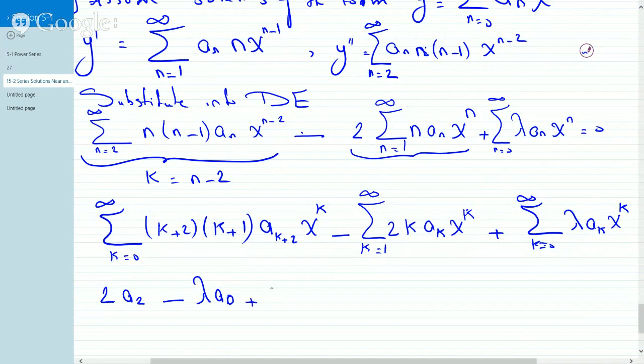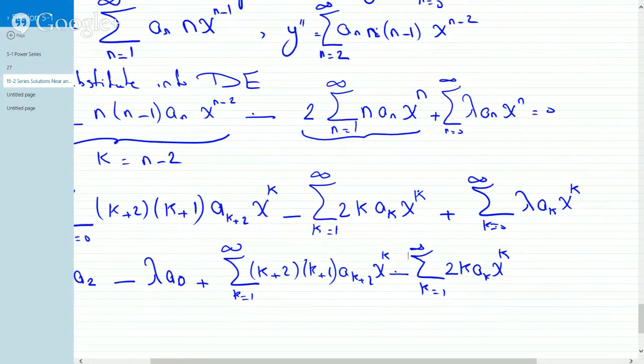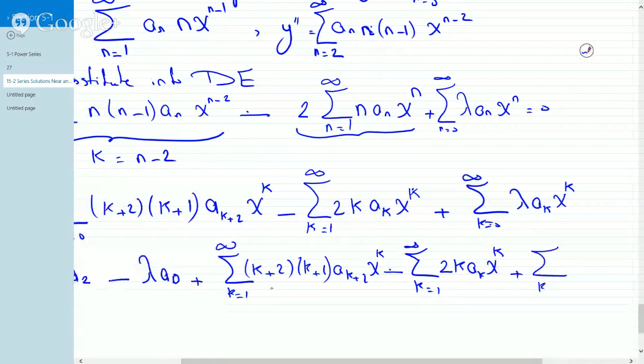And then what I have left, the first summation now starts from k equals 1 to infinity of k plus 2 times k plus 1, a of k plus 2, x to the k, plus or minus, the second summation is minus 2k a of k, x to the k, also starting at 1 to infinity, and the third summation also starting at 1, infinity, lambda a of k, x to the k, and this is equal to 0.